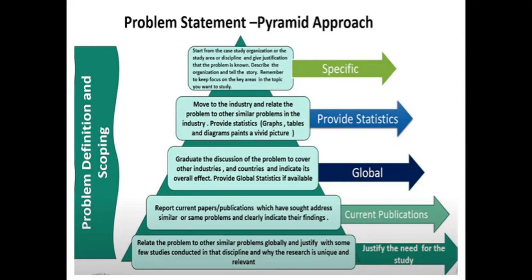Give us those graphics, global graphs and tables and figures, code them beautifully with good citations. And then you can now go global about all these, which countries, the bigger ones, and narrow them down to the specific place or study area that you are looking at.